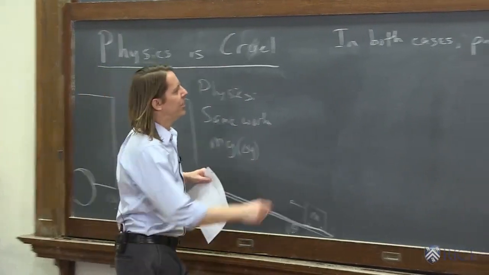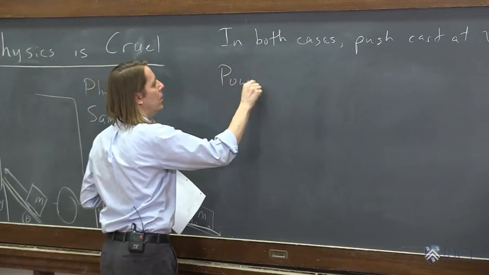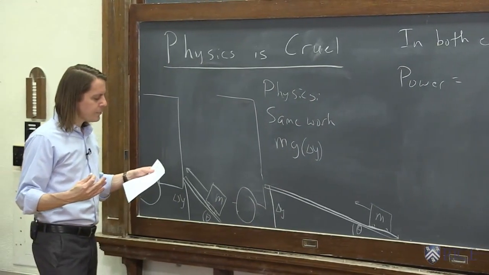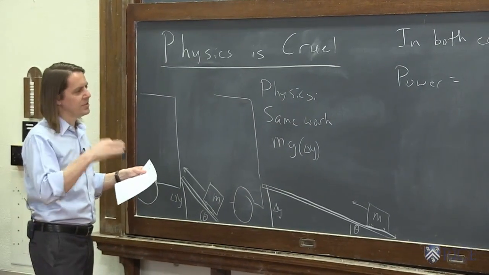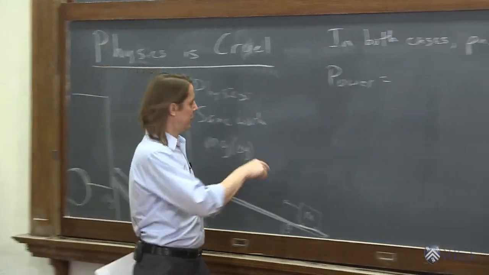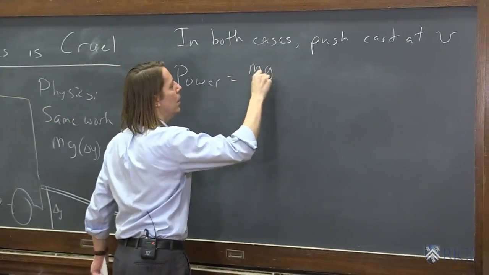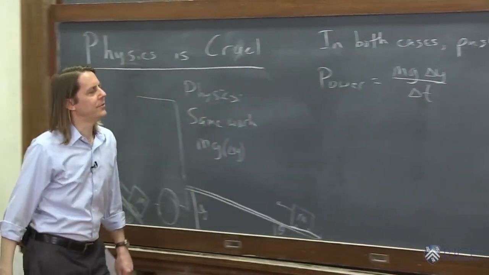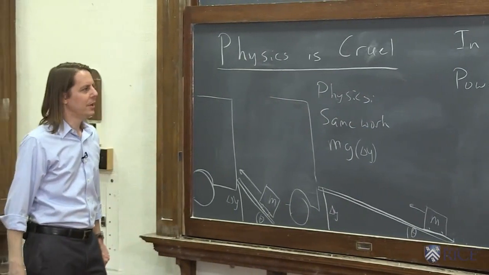And we're going to say, well, what is the power? Well, let's see, it's the amount of work you do. It's the change in work, delta W, over delta T. So it's mg delta y over delta T, just what physics said we did, mg delta y.